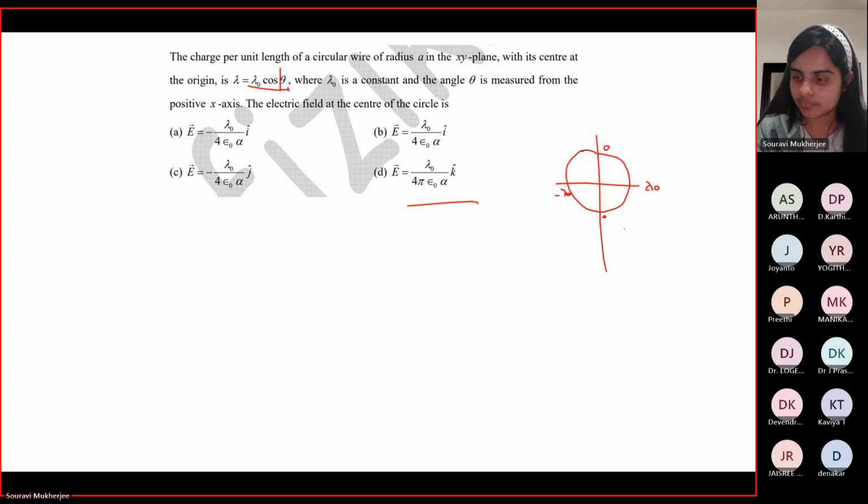So these questions you can typically actually solve: take a line element, see the distance, it should be r, and then do an integration over the circle. All these things you can do. But I'll urge you first not to do that and think about the problem.